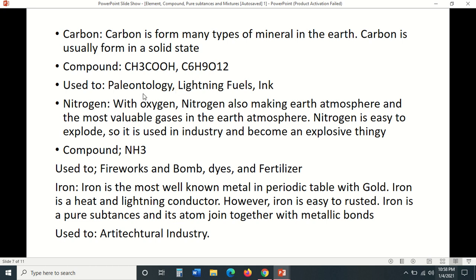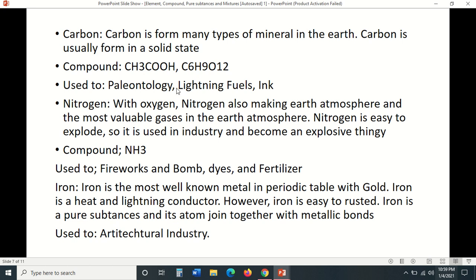What is paleontology? Paleontologists use carbon to analyze fossils, like dinosaur fossils or anything else, so the paleontologist can know how old a fossil is by using carbon.